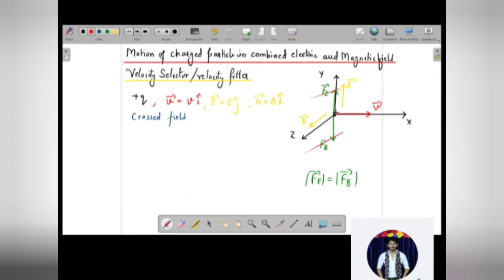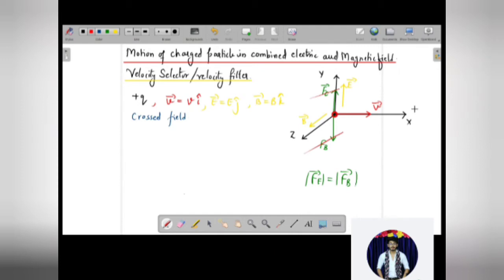Since there is no force acting on the charged particle, it will not experience any force and will straight away move out undeflected.